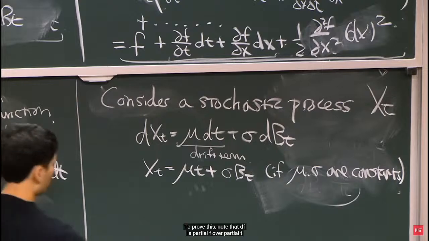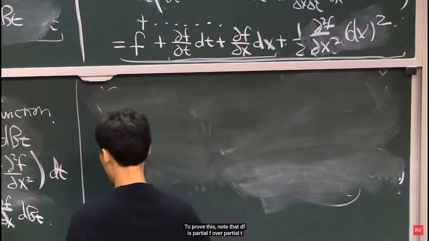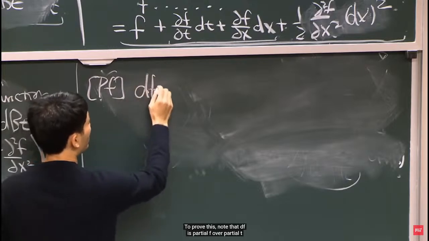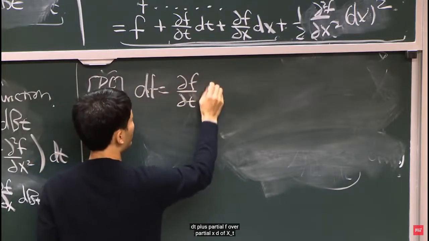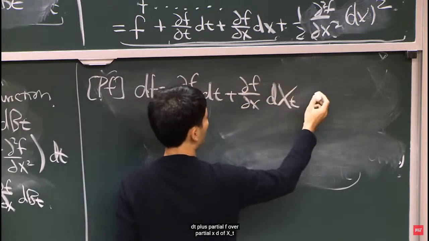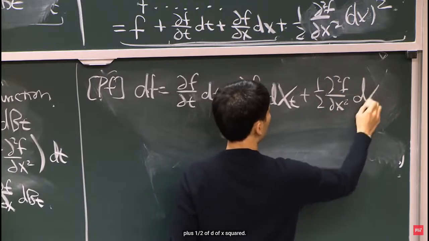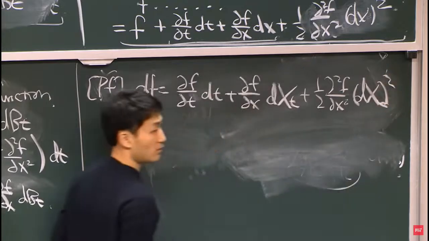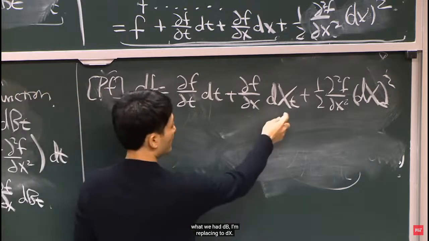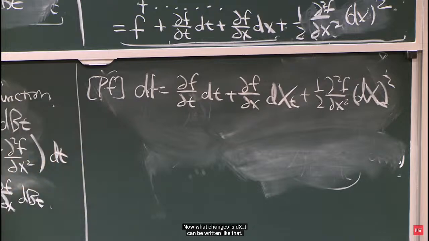So to prove this, note that df is partial f over partial t dt plus partial f over partial x dXt plus one half of partial squared f over partial x squared times dX squared. Just exactly the same, but previously what we had as dB, I'm replacing with dX. Now what changes is dX can be written like that.